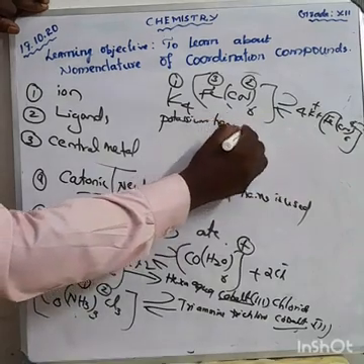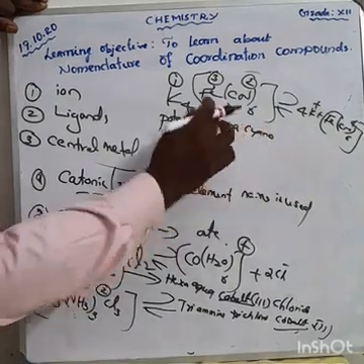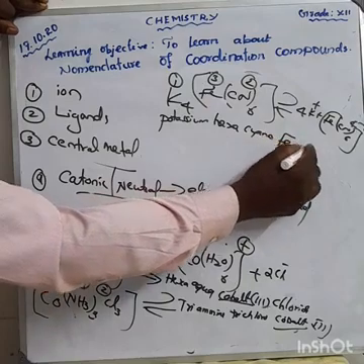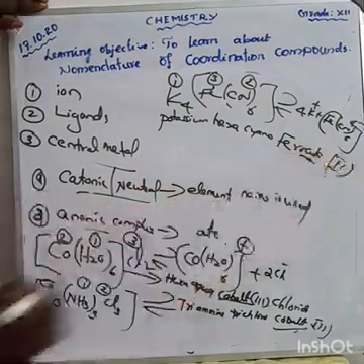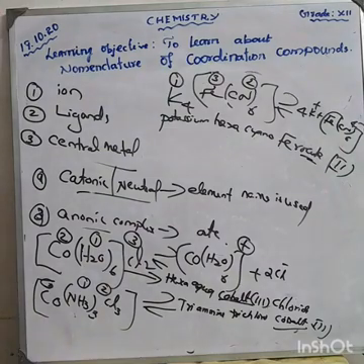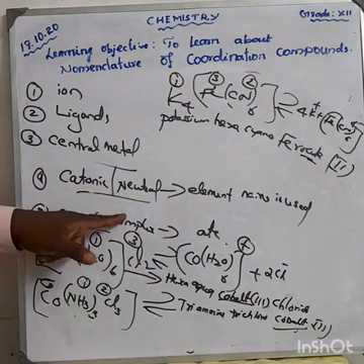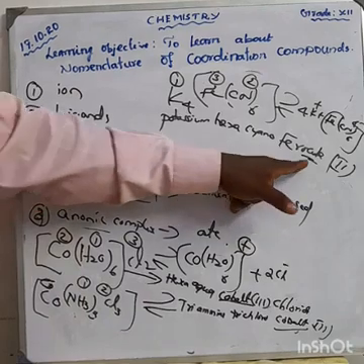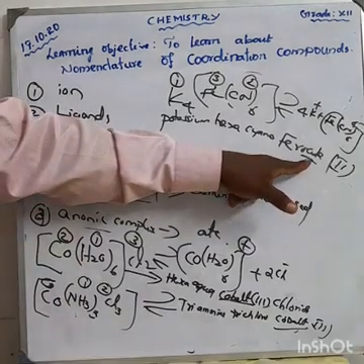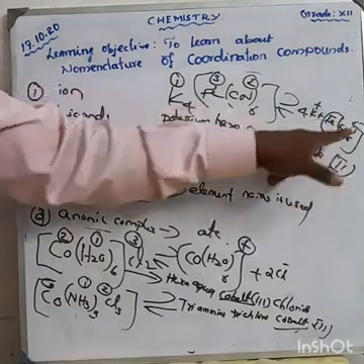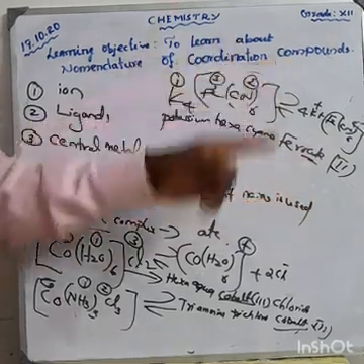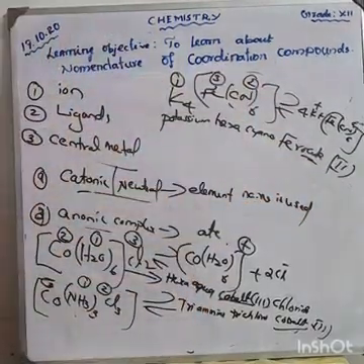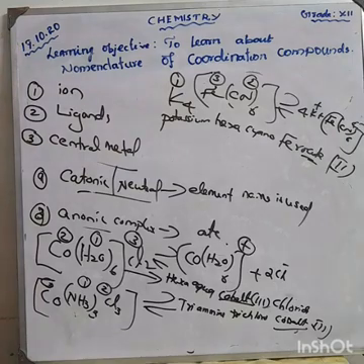Otherwise, hexacyanoferrate(II). Clear? The anionic complex, you write ate. But for the cationic or neutral complex, you write the element name.